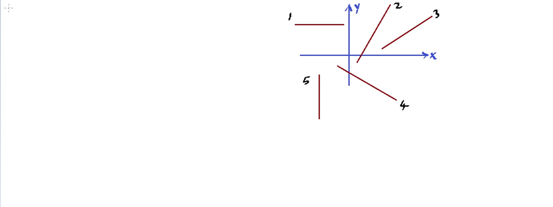For this one, you can think of an example for illustration purposes. This is the first straight line, straight line 1. For this straight line 1, can we think of what slope it is going to make? For slope, we need to extend it till it intersects the x-axis.